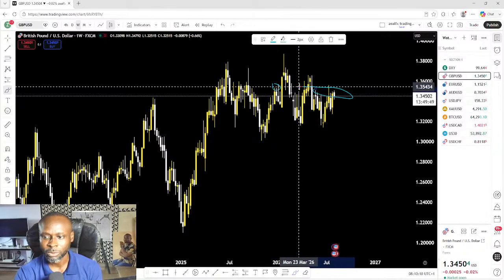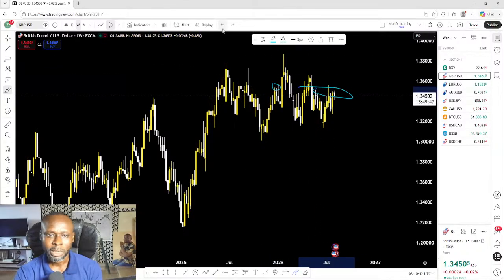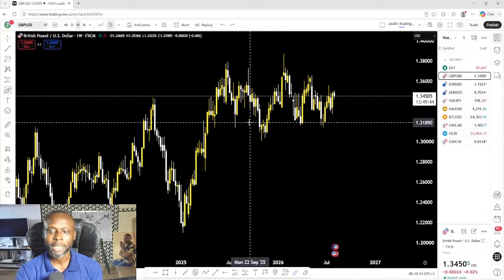We know that price closed on the resistance level, but I want the market to give me a flow which I can trade with. I don't want to trade in a ranging market. That is why for now we are avoiding the pound USD, because price is currently ranging and I will not have a clear clue of what the market wants to do. So we leave the pound USD.